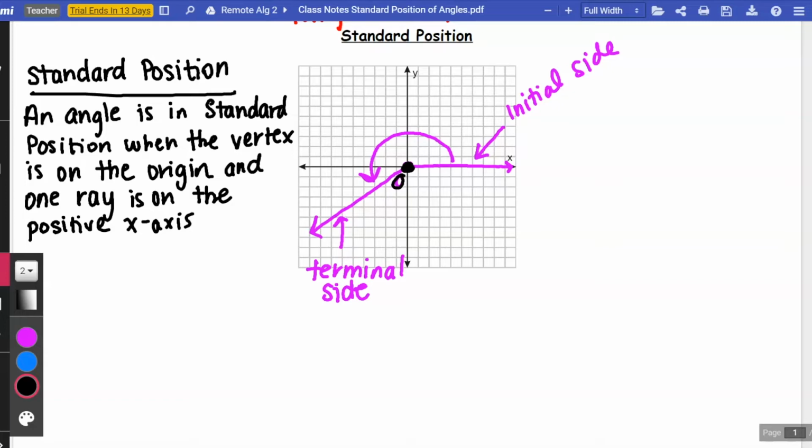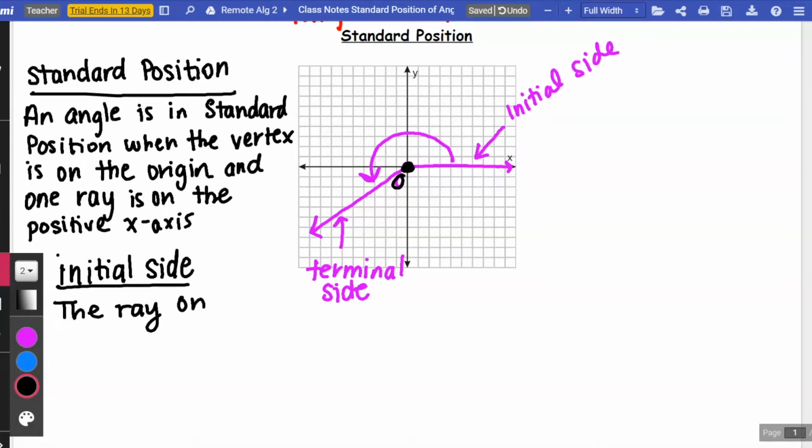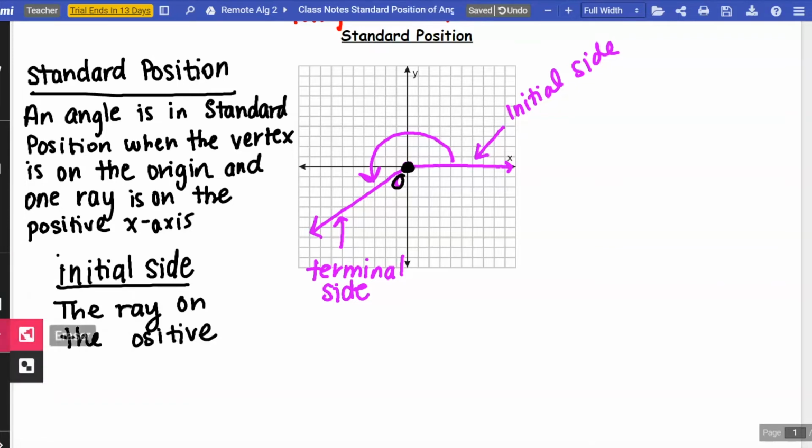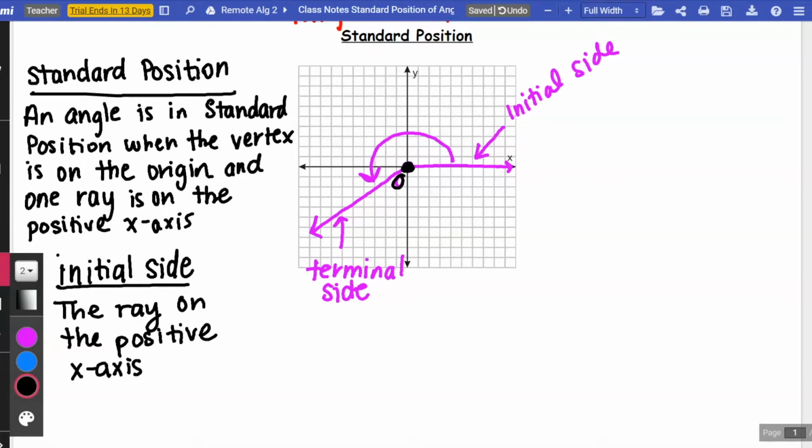We just talked about standard position, and then we also need to define initial side. The initial side of the angle is always going to be the ray on the x-axis, so the ray on the positive x-axis, which we had labeled already.